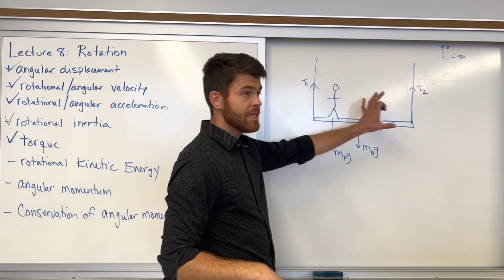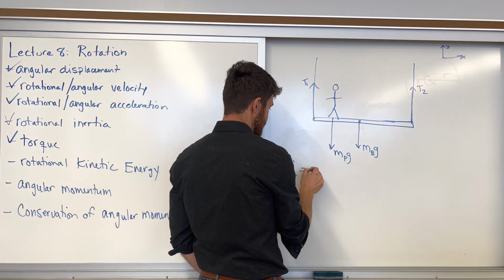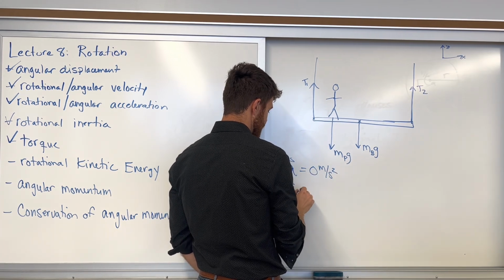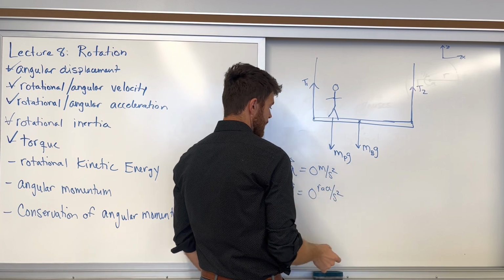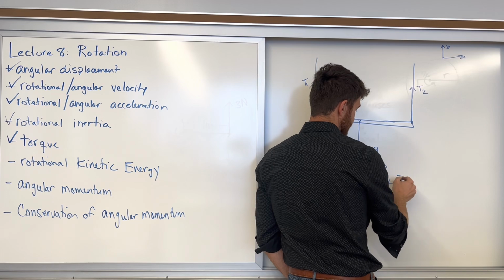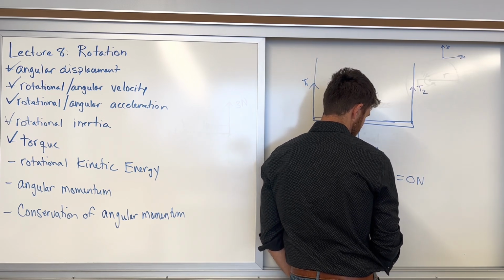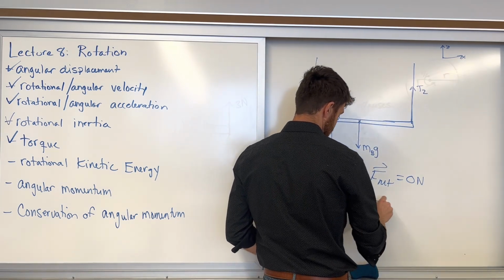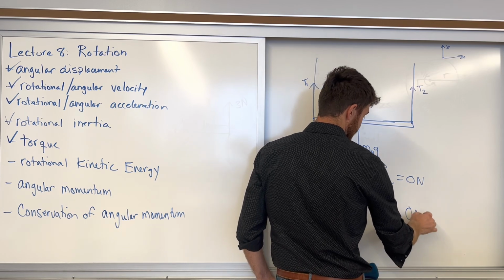Now, if this object isn't moving, that means its acceleration is equal to 0, and its angular acceleration is equal to 0. Therefore, the net force must equal 0 newtons, and the net torque, it's a weird looking tau, must also equal 0.